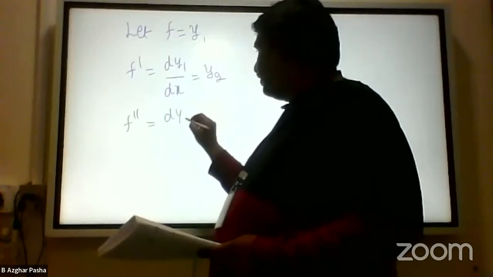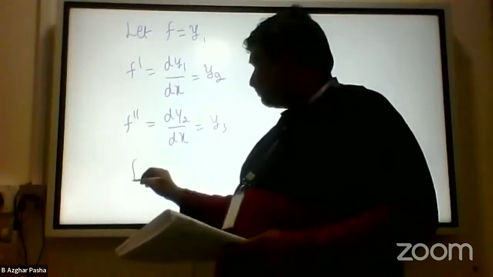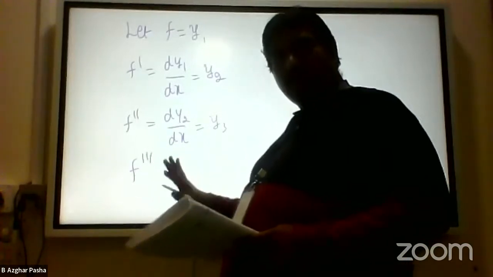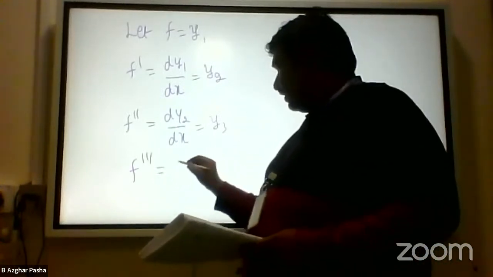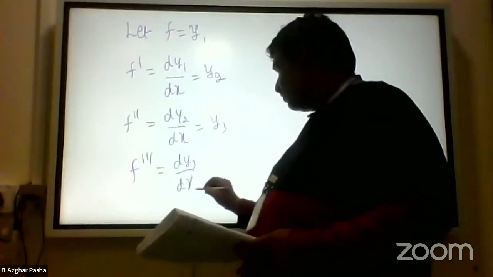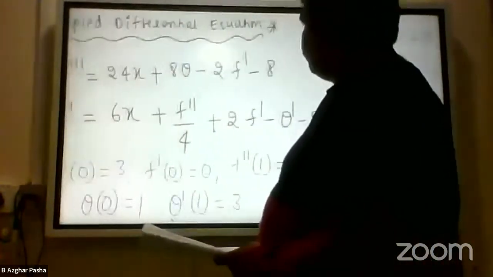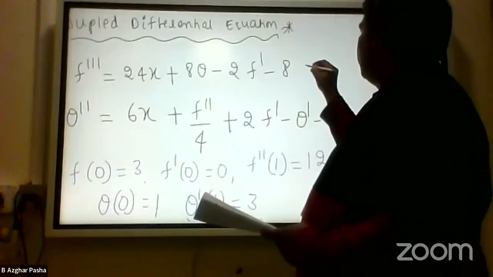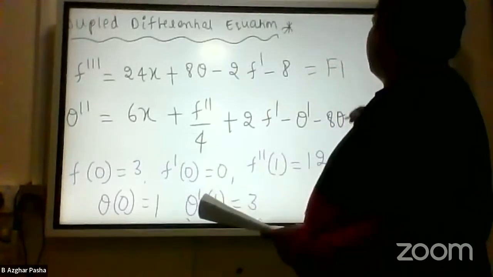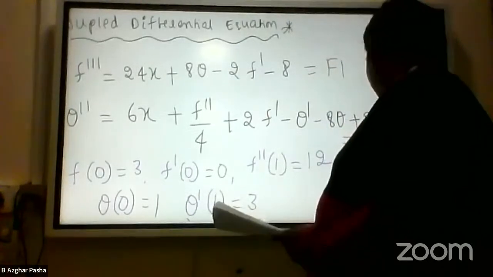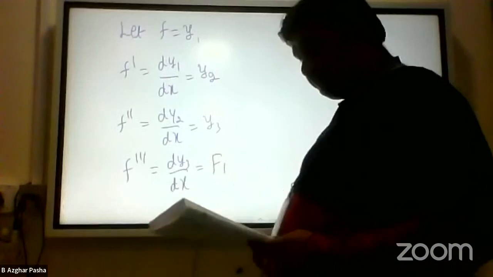F double dash is dy2 by dx, call it y3. F triple dash, I have to stop here, so I'm not calling it y4. That is an important step. F triple dash is dy3 by dx, which equals this entire thing. Let me call the right hand side part F1, and I'll call this other one F2.